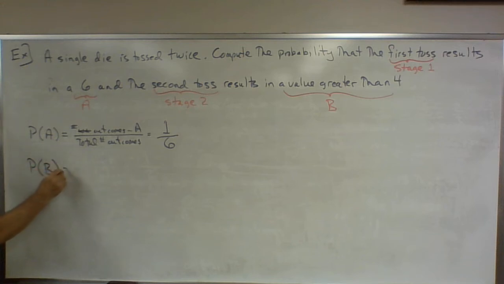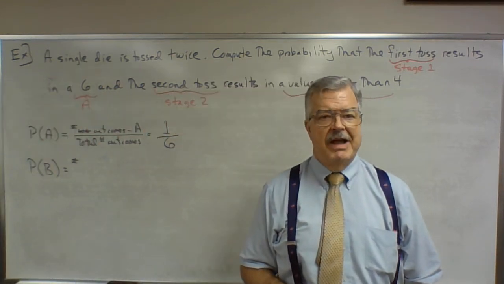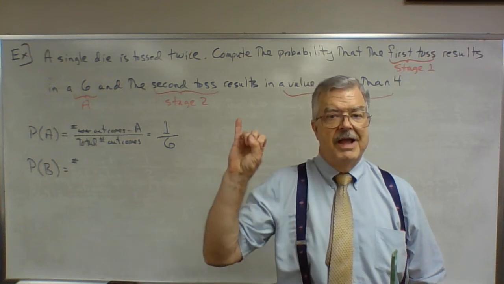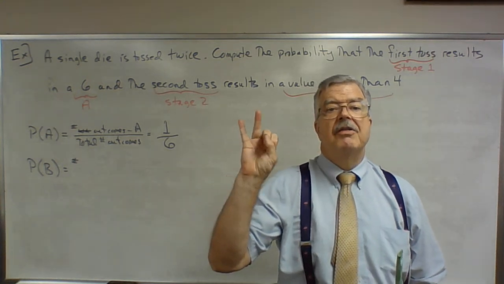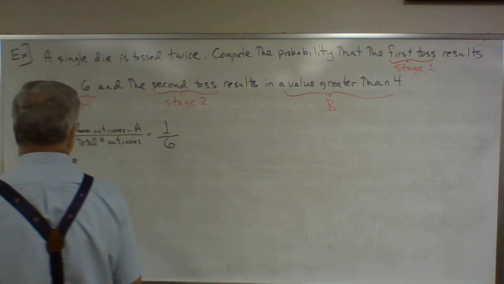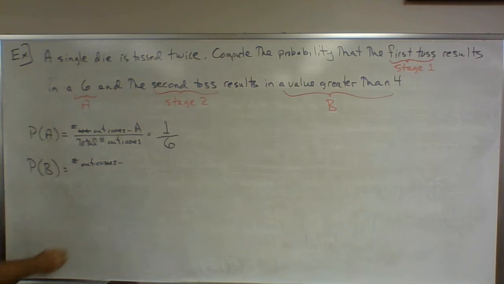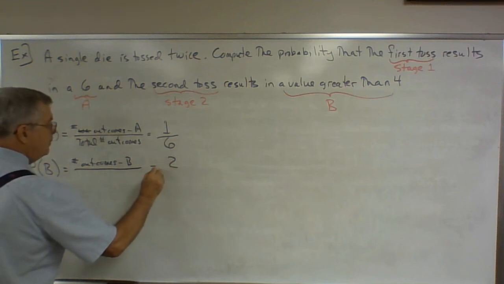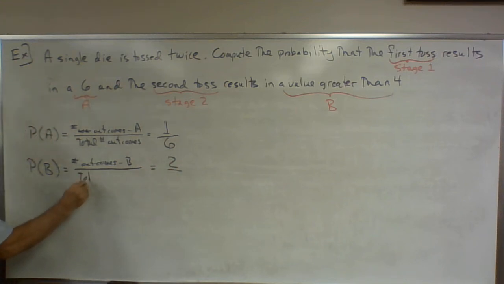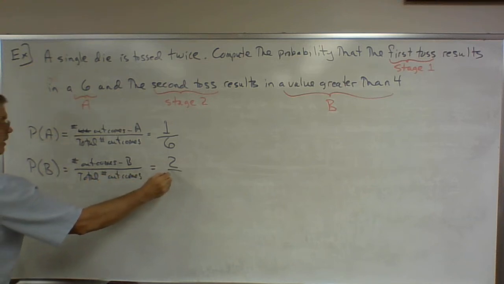B, we get a value greater than 4. How many faces on a die have a value greater than 4? There's one that has a 5 and there's one that has a 6. So the number of outcomes that produce B, something greater than 4, is 2. Total number of outcomes is 6.